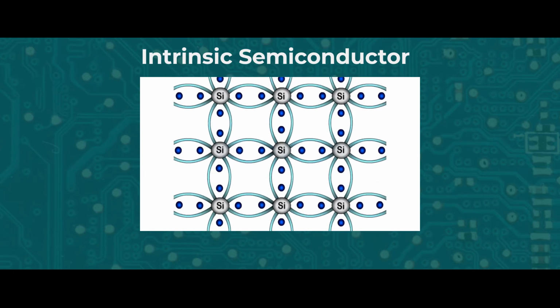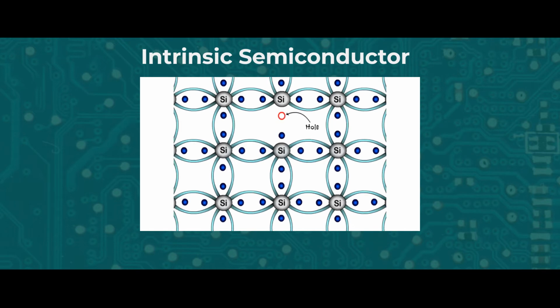So what happens is, when the temperature is raised, due to thermal agitation, some of these covalent bonds might break and some free electrons and holes are created. These are called minority charge carriers in intrinsic semiconductors.